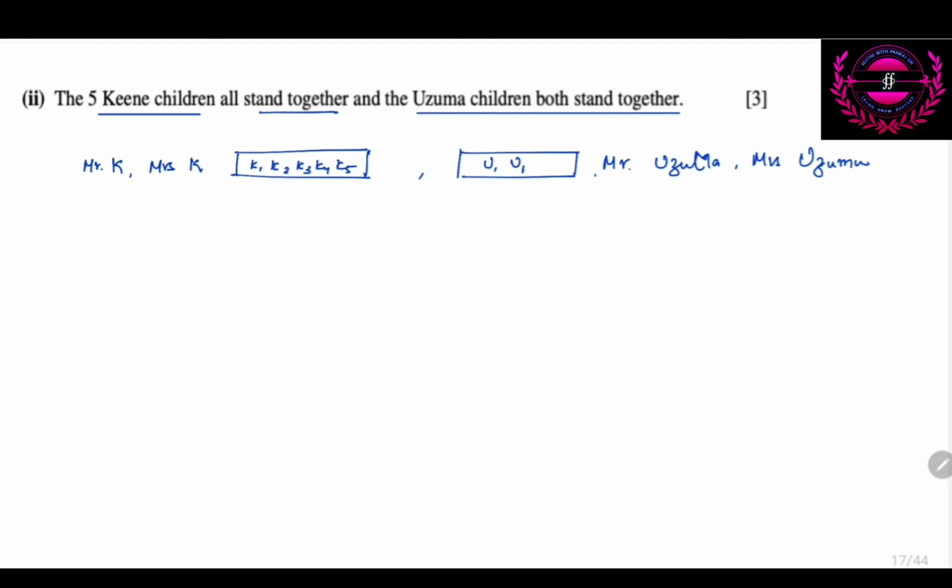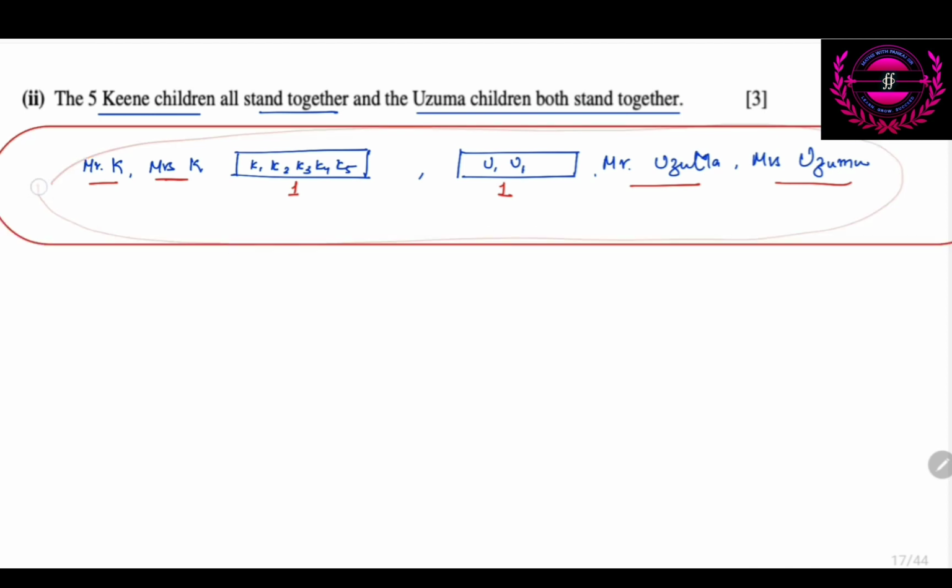If I take the Keen children and the Uzuma children each as one group, in total I have 6 units. These 6 can arrange themselves in 6 factorial ways.